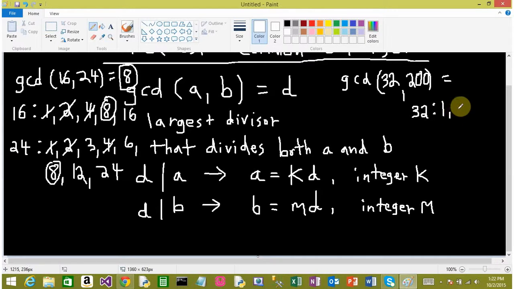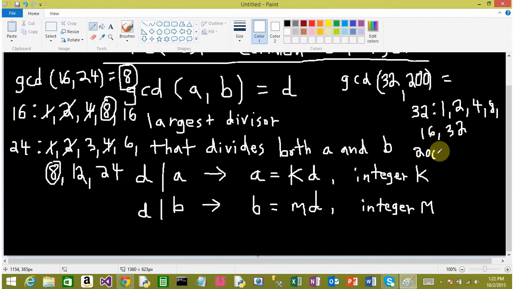So that's 1, 2, 4, and then we have 8, 16, and it looks like the other one would be 32. So those are the divisors of 32.